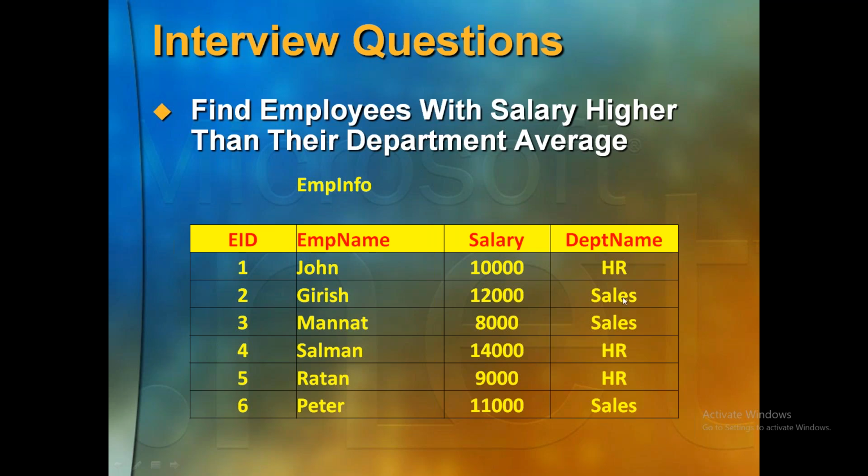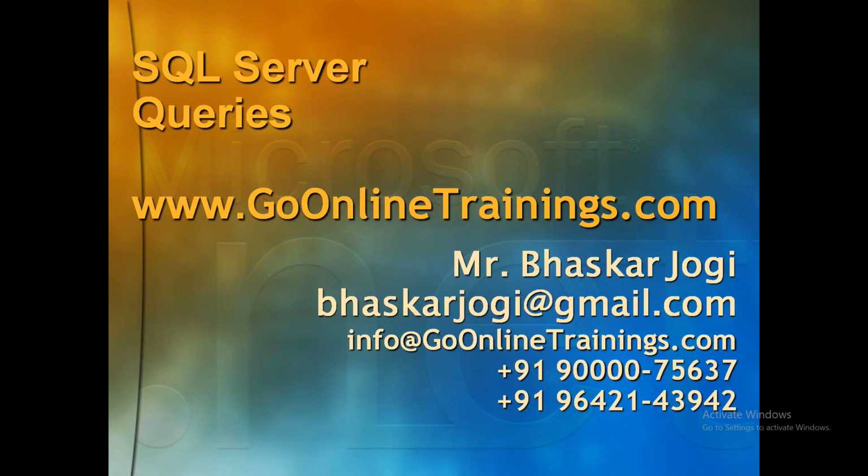Whatever average belongs to their department. So find employees with salary higher than their department average. This is one beautiful interview question asked recently. You try this. If not, I'll give the answer. This is a very, very important interview question. Try to do that.